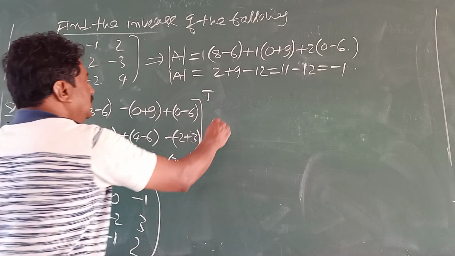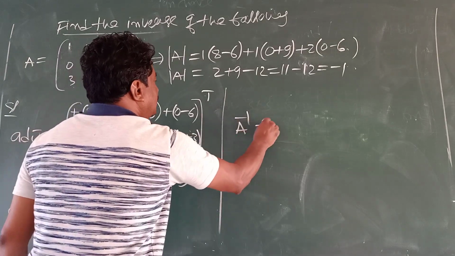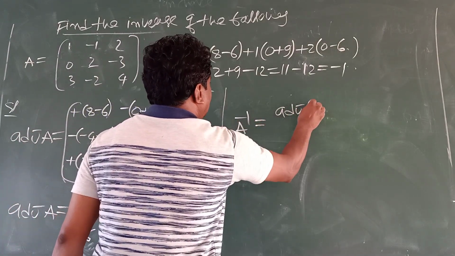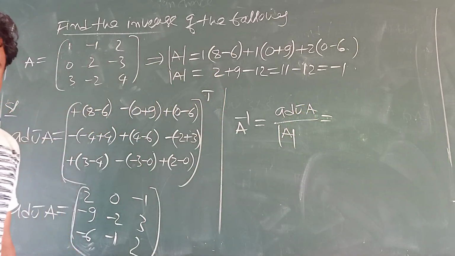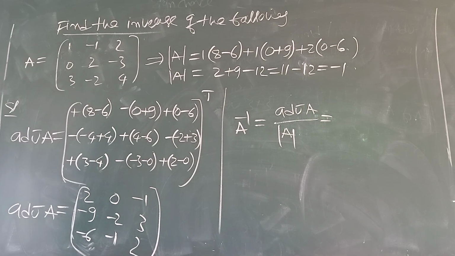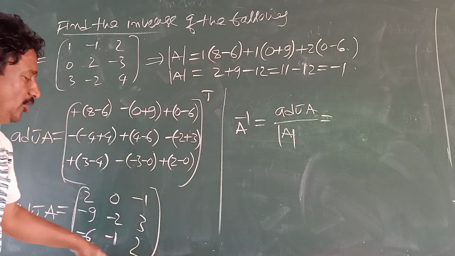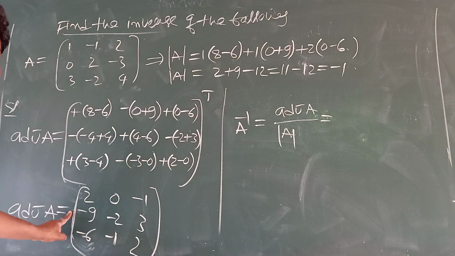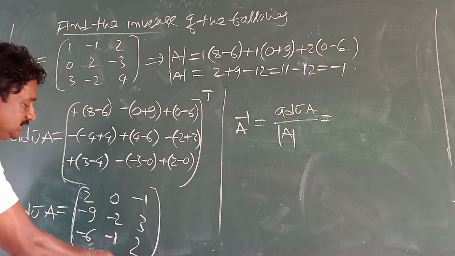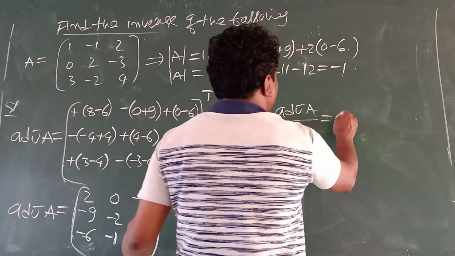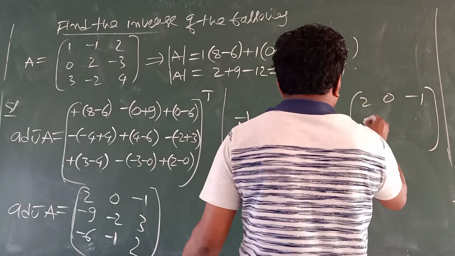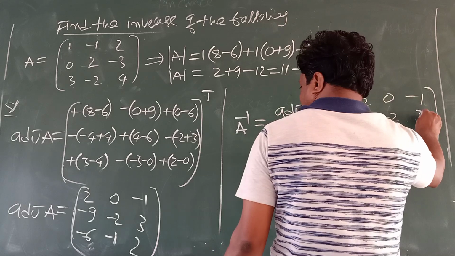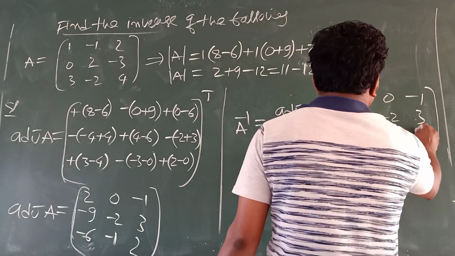So now calculate A inverse. A inverse equals adjoint A by det A. What is A inverse? Adjoint A by det A. Right? Here we got adjoint A, students. Adjoint A divided by det A. Whole divided by minus 1 is same as minus of 2 0 minus 1 minus 9 minus 2 3 minus 6 minus 1 2.